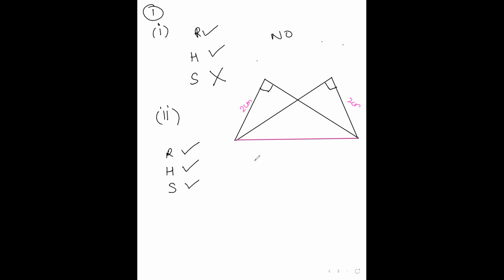Very good. So now can you tell me which triangle is congruent to which? Triangle dash is congruent to triangle dash. Triangle CBA is congruent to triangle DAB.